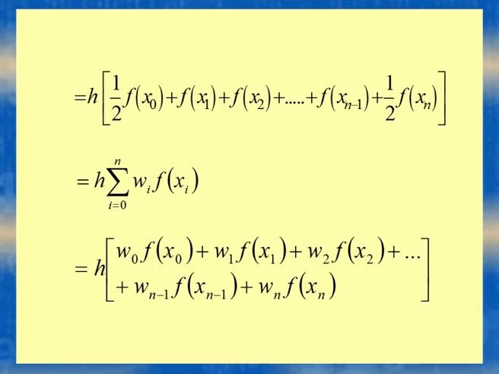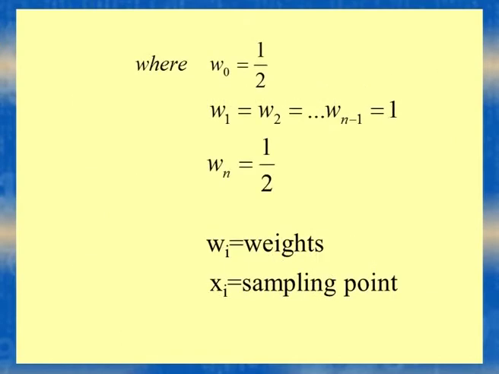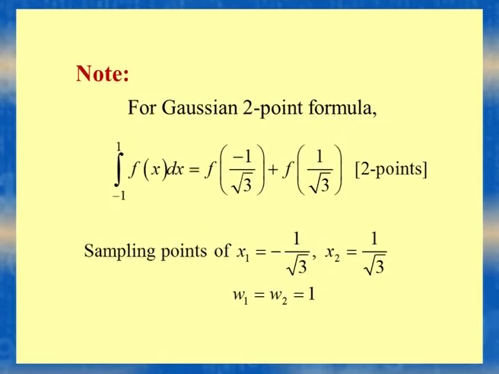You can see the weights are w0, w1 etc. up to wn with the corresponding abscissa as x0, x1 etc. up to xn. For the trapezoidal rule in particular, w0 is equal to 1 by 2 and wn is equal to 1 by 2, w1 to wn minus 1 is 1. So, the wi's are weights and xi's are called sampling points or abscissa.